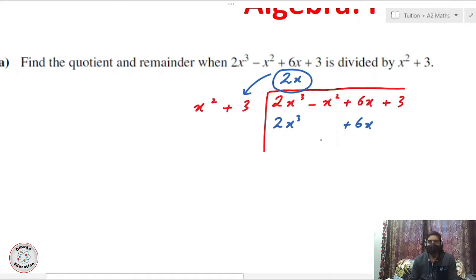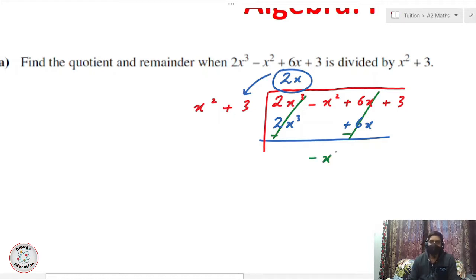Then I draw a line. In the next step, I change the sign because we have to subtract just like the ordinary division. And you can cancel this one straight away. Same things with the opposite signs will be cancelled out.